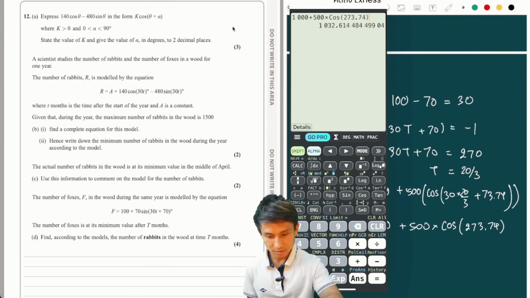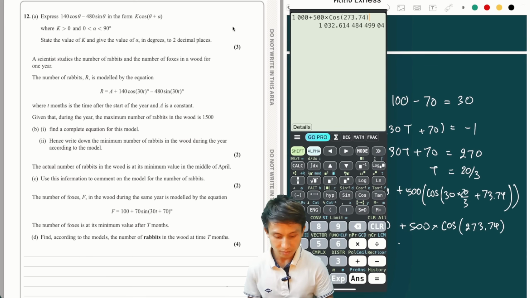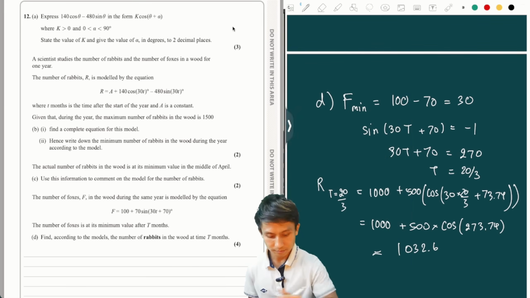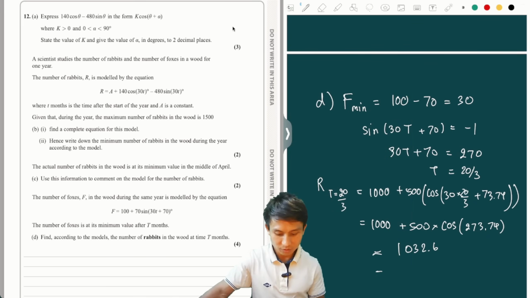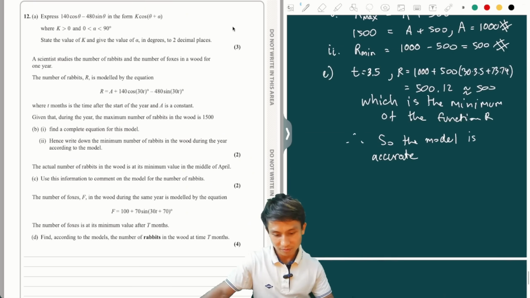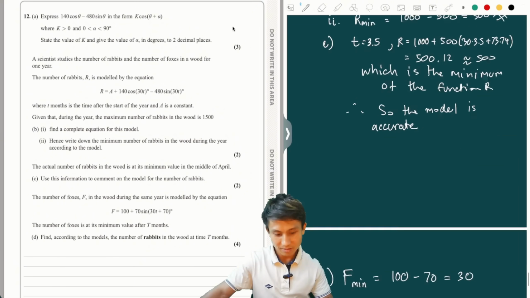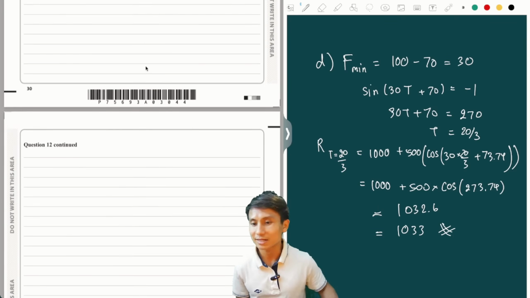So that is equal to, what was it again? 1,032.6. The number of rabbits. So I'm just going to say that then. Is that too much? Yeah, the maximum is 1,500, so that's fine. I'm just going to call it at that.